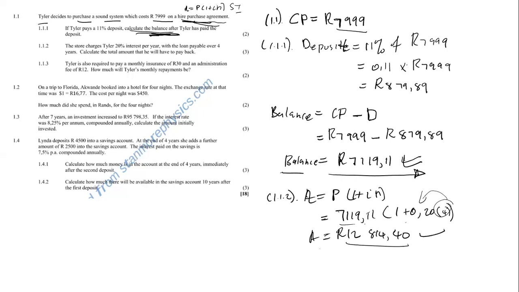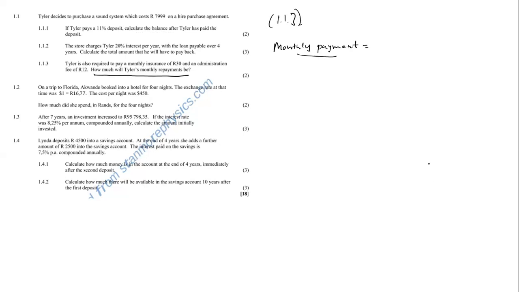Don't forget that. So how many months are there in 4 years? You're going to multiply by 12, because we know that 1 year has 12 months. That means 4 years has how many months?